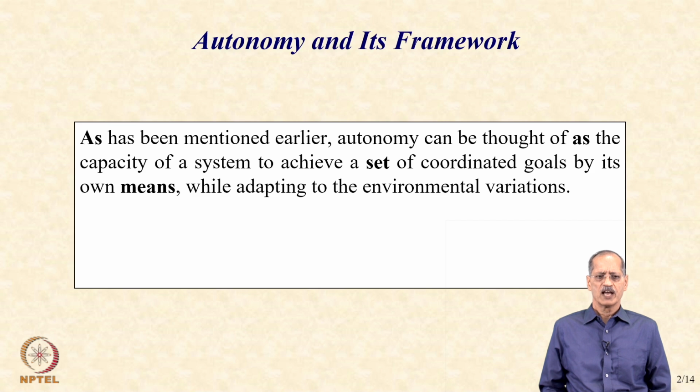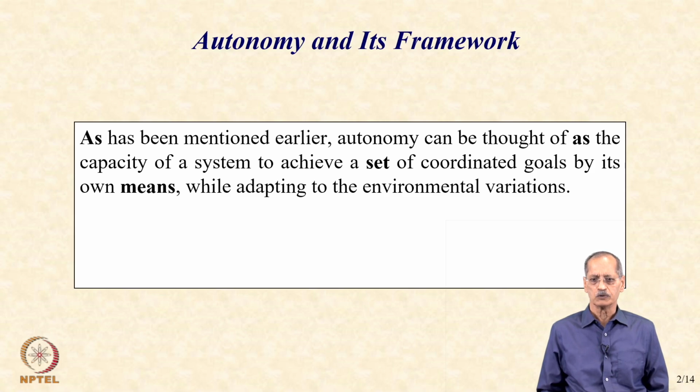As we have been mentioning earlier also, autonomy can be thought of as the capacity of a system to achieve a set of coordinated goals by its own means while adapting to environmental variations. If you look at this definition, it is nothing but saying what we as humans actually do.